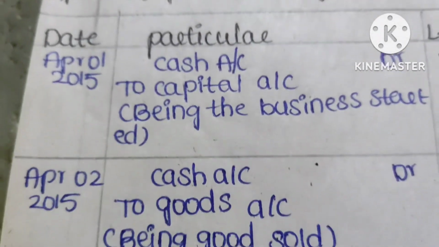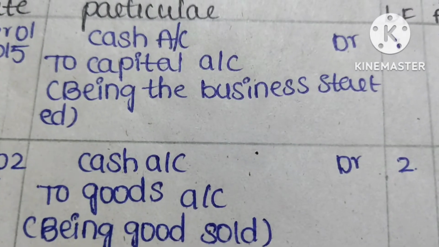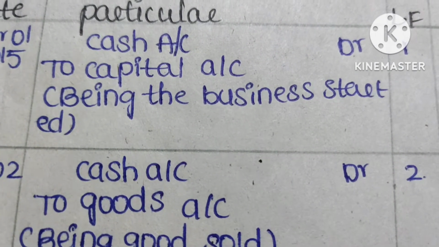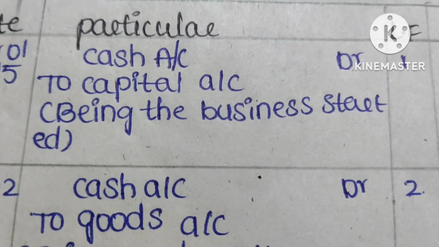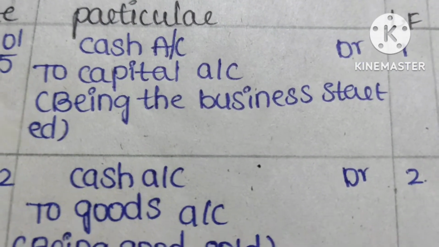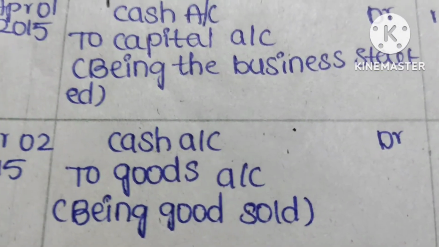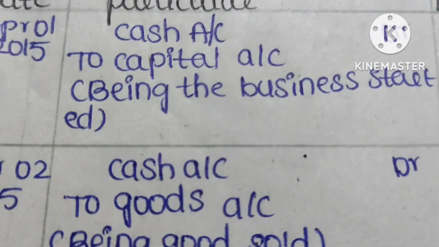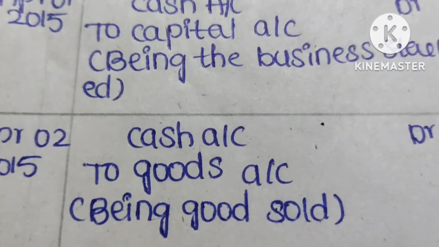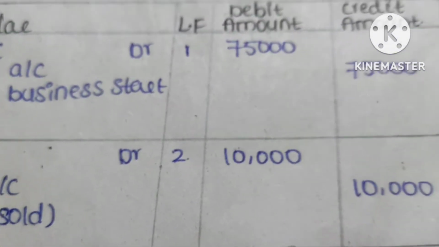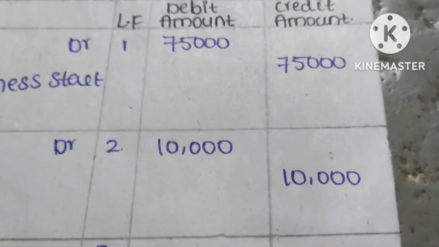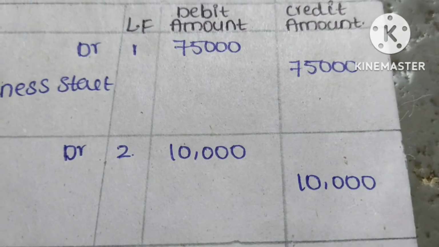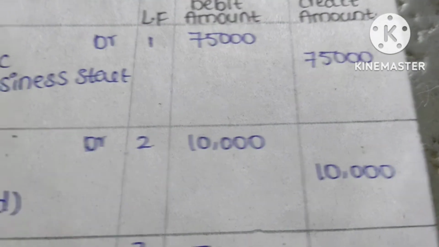So cash is debited, meaning we are getting the cash. We write cash account debit to goods account, meaning goods are going outside and cash is coming to us. So simple: cash account debit to goods account, 10,000 and 10,000, the amount which has been given, we have to enter like that.